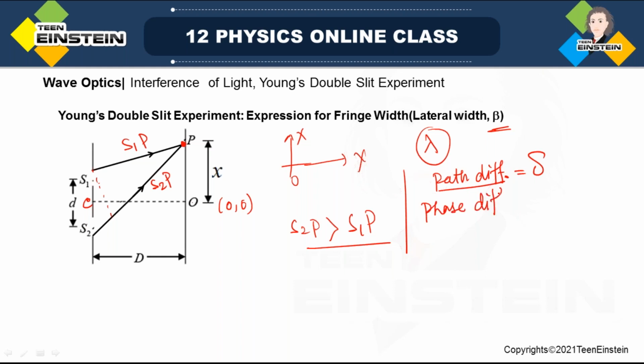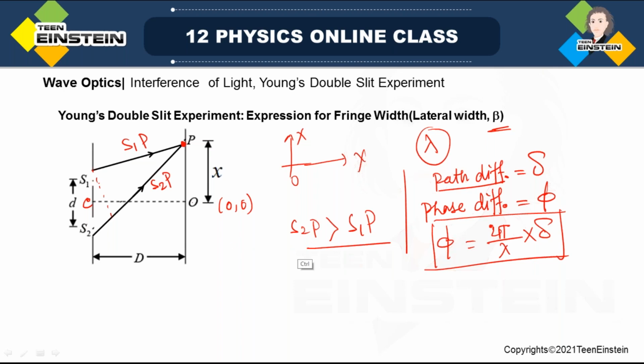Phase difference is denoted by phi, or sometimes delta phi. The relationship is phi equals 2 pi by lambda into delta. Once you find the path difference delta, it is easy to find the phase difference. So let us first find the path difference.